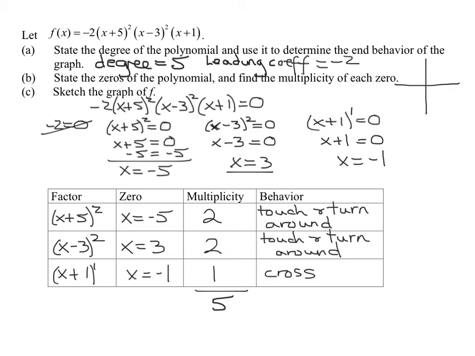And since the leading coefficient is negative, this is the one that starts up to the left and down to the right. And so if we're asked to describe this, we can say that it rises to the left and it falls to the right.